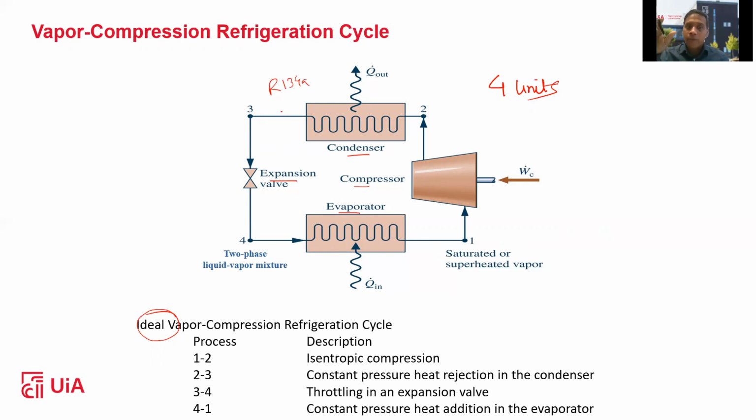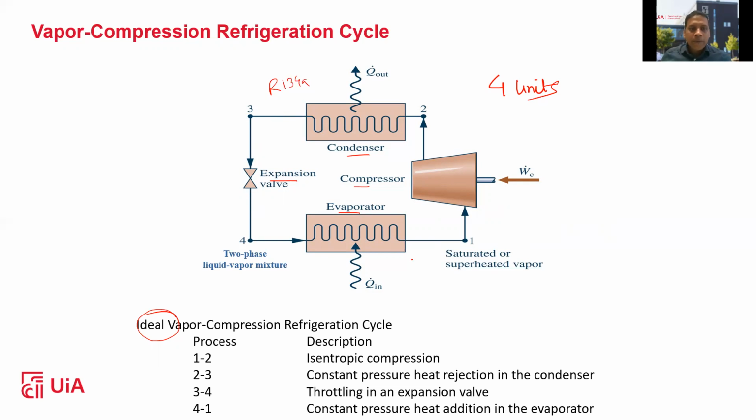I'll not talk more details about the refrigerant. It's actually dependent on what is the application, what is the purpose, and also what is the regulation in a specific country, and what is the environmental impact and global impact. So those are the things that we consider to select a refrigerant.